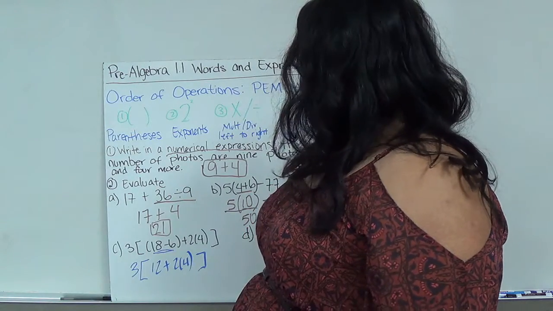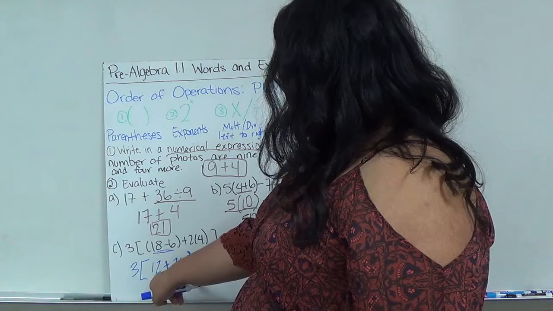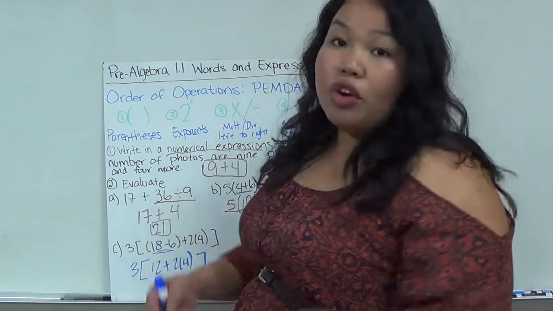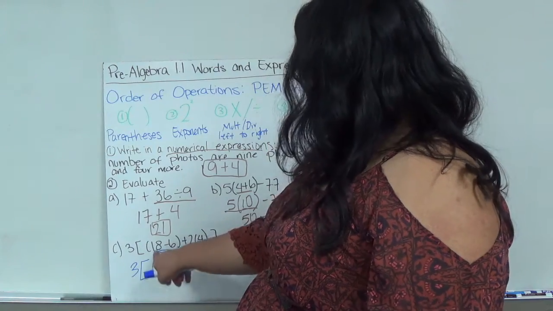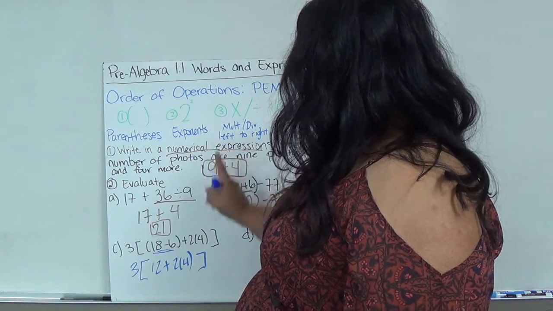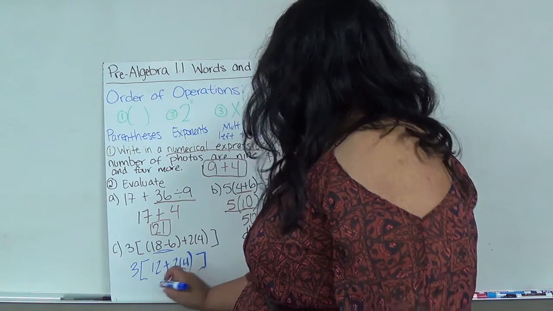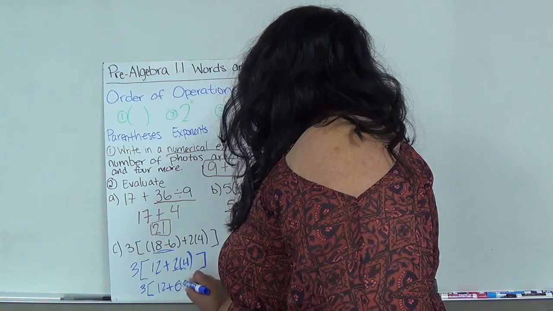So then, in here, we're going to do PEMDAS. Inside these parentheses first, I'm going to work from inside out. Inside the parentheses, we do the order of operations. We already did parentheses, and there are no exponents. Now we do multiplication and division, which is this: 3 times 4 is 12, plus 8.